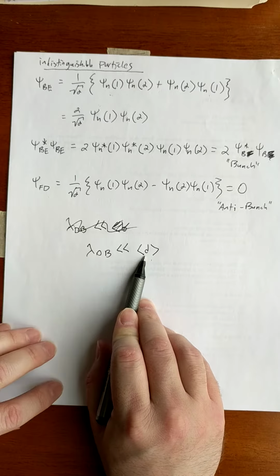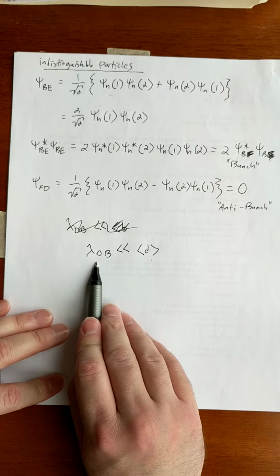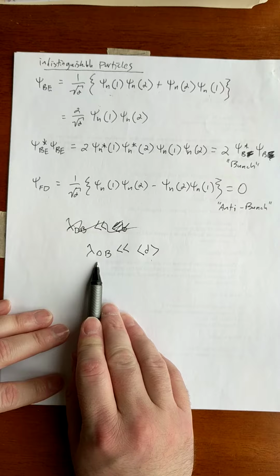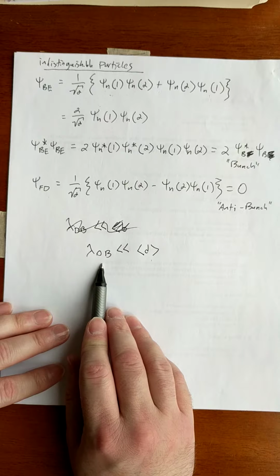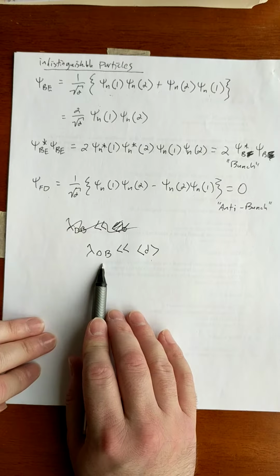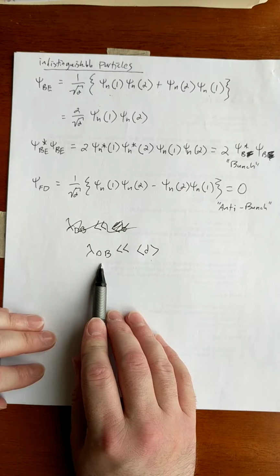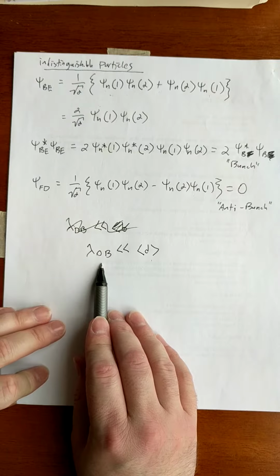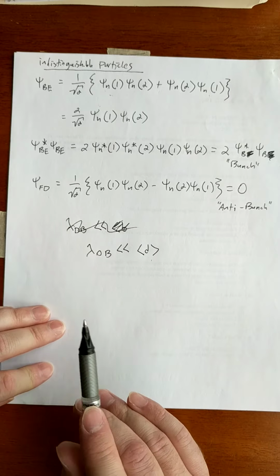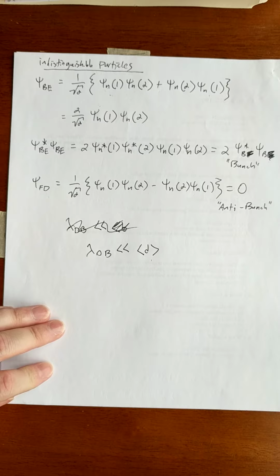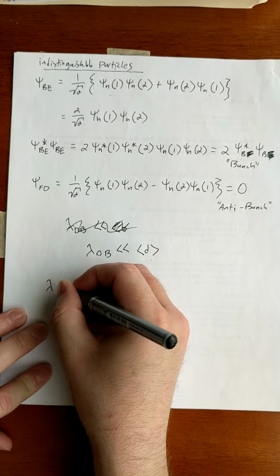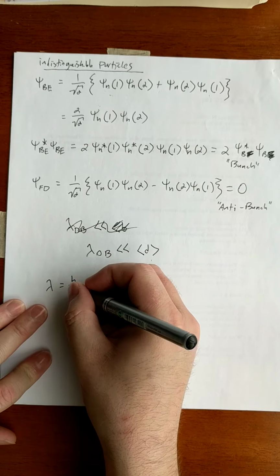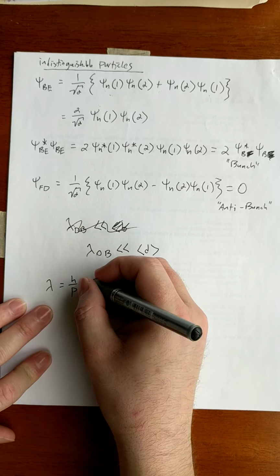When that average distance between particles is much, much greater than the de Broglie wavelength, it means that the particles don't really get jumbled up, or at least jumble up so infrequently that we can assume that they're not jumbled. So that only happens when we have things happening on the scale of the de Broglie wavelength. So we know that the de Broglie wavelength is lambda, Planck's constant over the momentum.